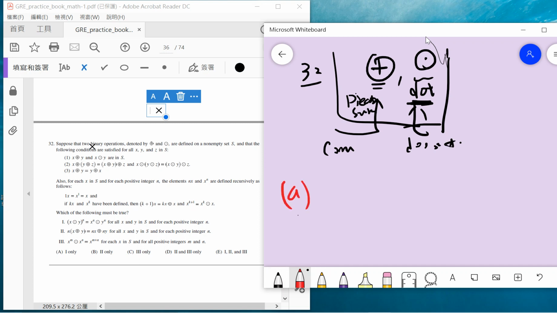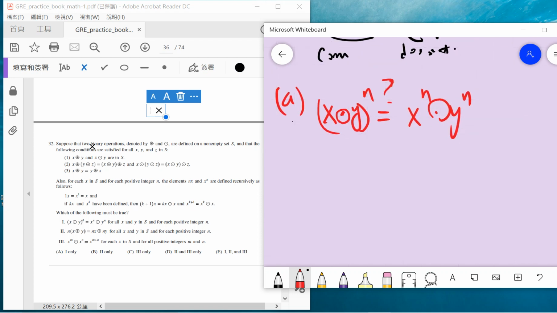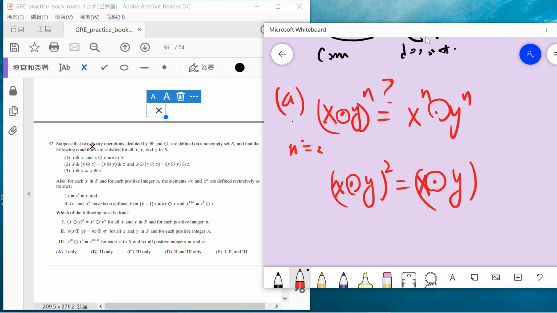So the first one, x. Okay, and it asks about whether this is the same, x and y to the n. This is not correct, because when n equals 2, we have x dot operator y squared, basically x dot y dot x dot y.